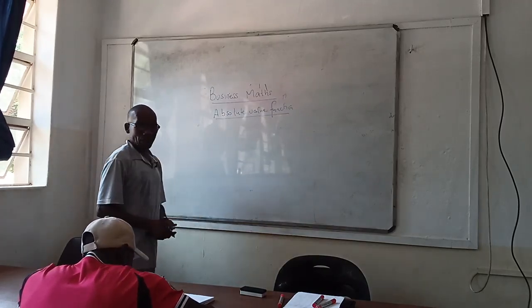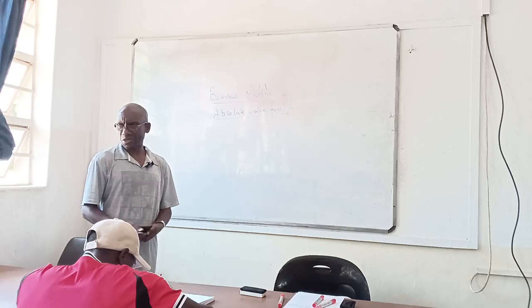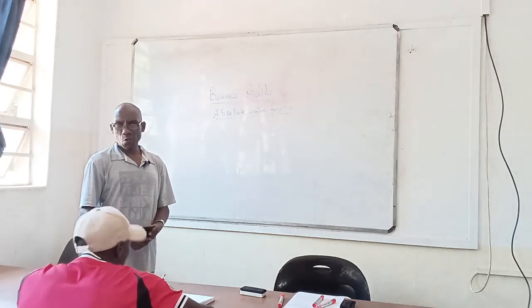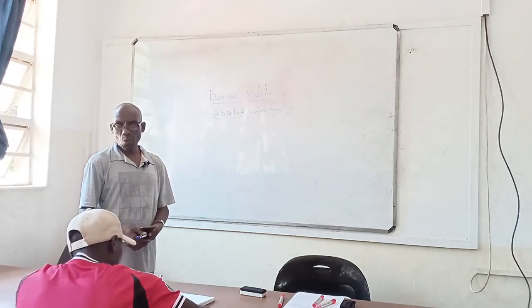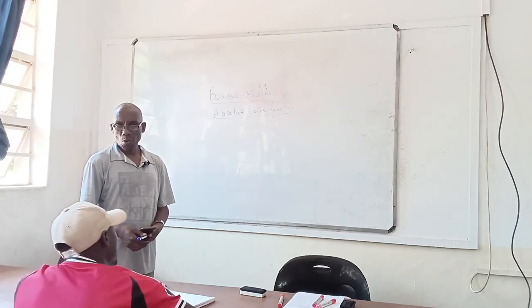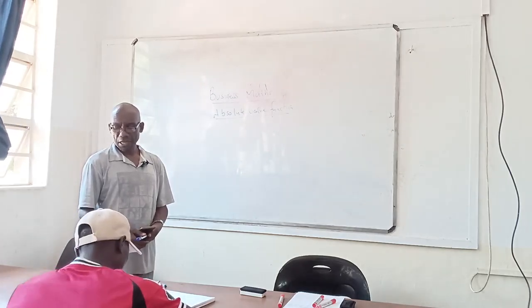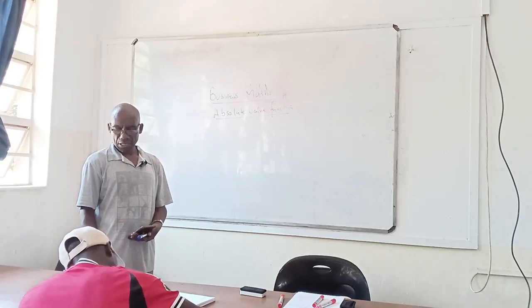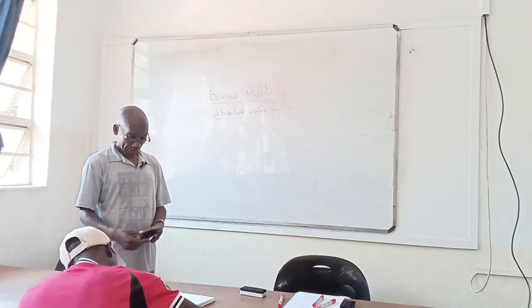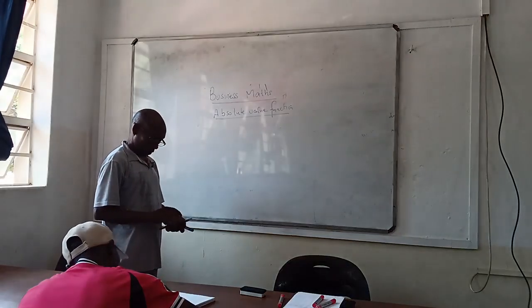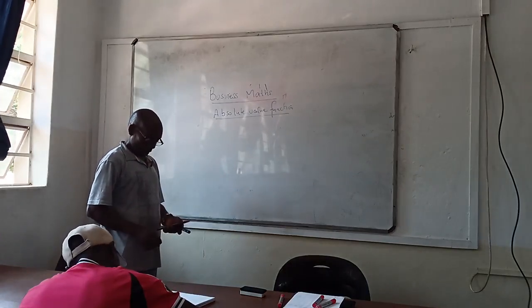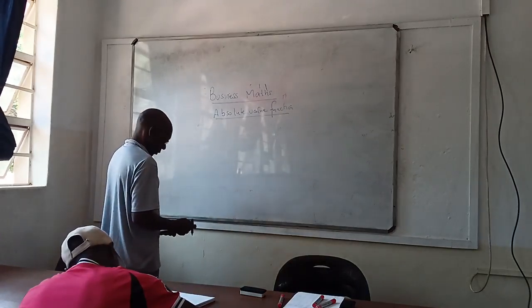An absolute value function is a function comprising negative and positive parts. An example is this one.